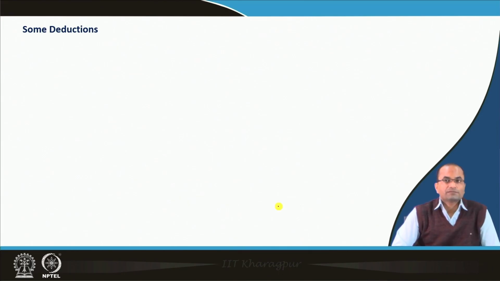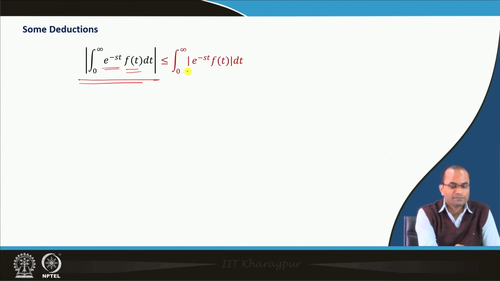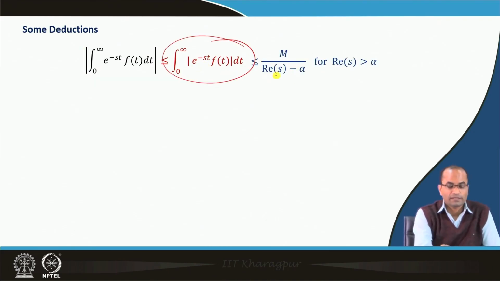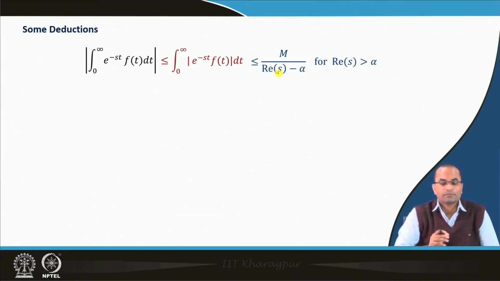Well, now some deduction from this derivation. We have seen that the integral from 0 to infinity of e^(-st) f(t) dt can be bounded, bringing the absolute value inside, by M over (Re s minus α). That was the last conclusion, where we concluded that the Laplace transform exists.